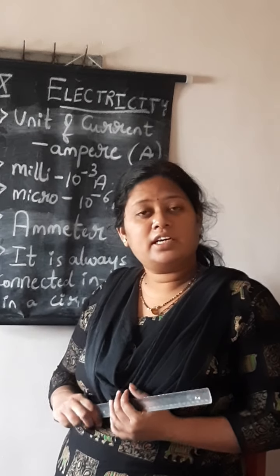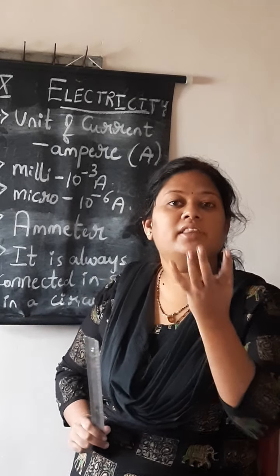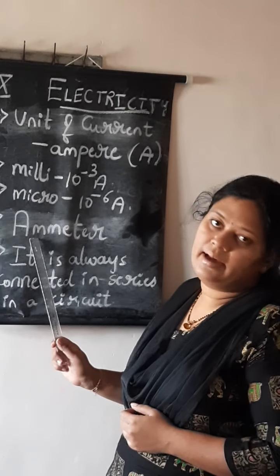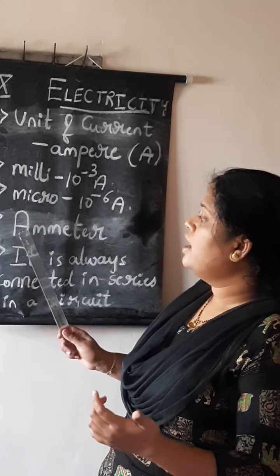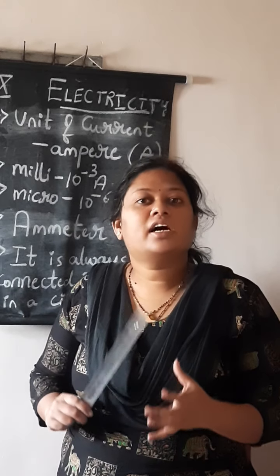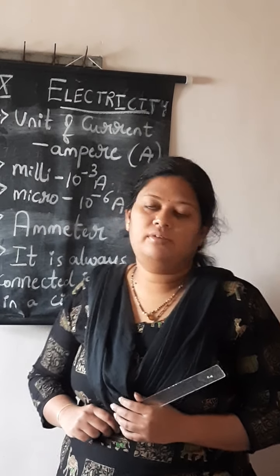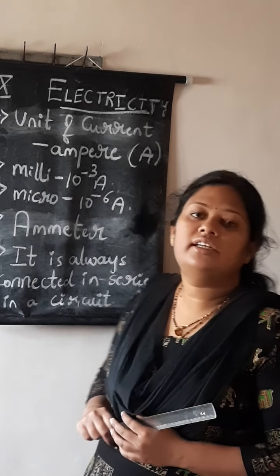How do you measure the current? We need some instrument to check how much current is flowing in the circuit. That instrument is called the ammeter. We have discussed all these things already, children. I am just revising it. Ammeter is the instrument which is used to measure the current flowing in the circuit, and it is always connected in series in a circuit.